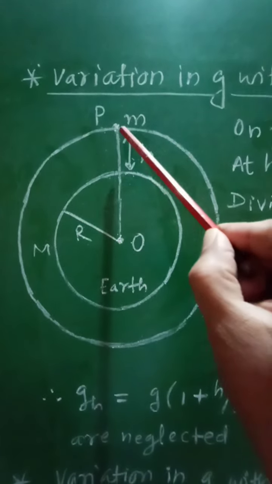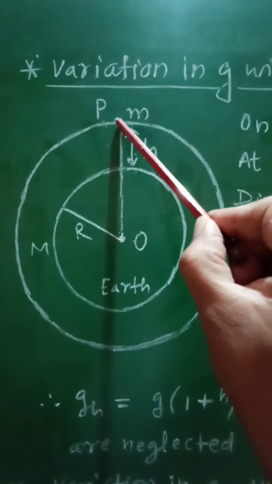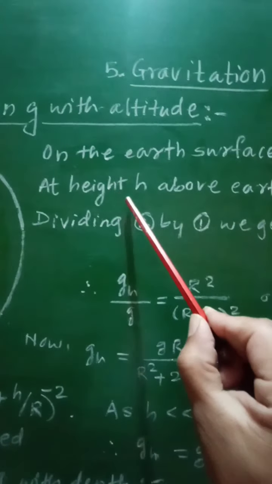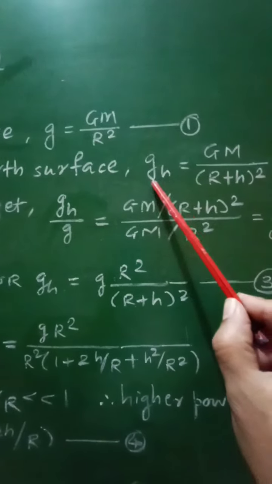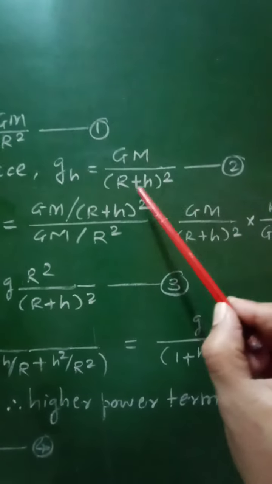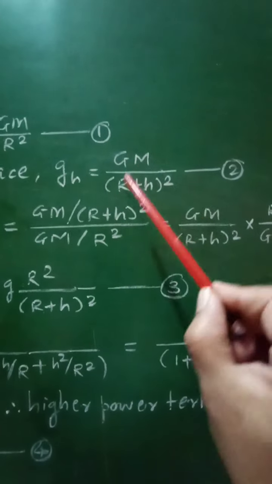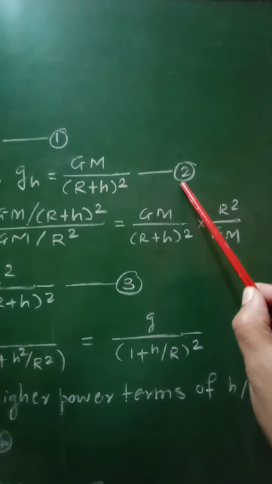Hence when that body is present at height h above the earth's surface, that is at point P, at that time the acceleration due to gravity gh will be equal to GM upon (r plus h) whole square, equation number 2.